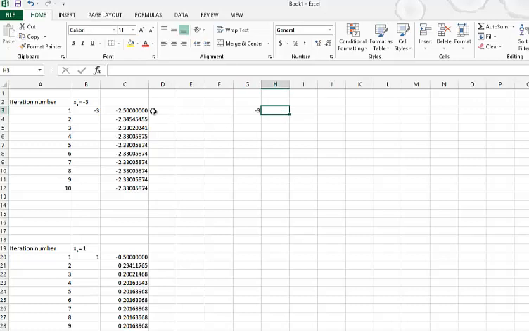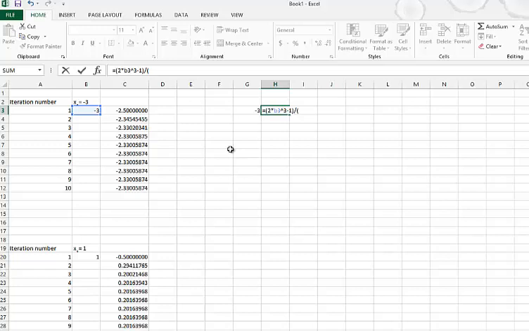In this cell I wrote in the equation. In order to tell Excel you want an equation, you do equal to, and I'm going to do the open parenthesis, and I want it to take this negative 3. I want 2 times that negative 3, so I'll say 2 times whatever is in B3, and then I'm going to raise that to the third power minus 1, and then I will close that parenthesis, and then divided by open parenthesis.